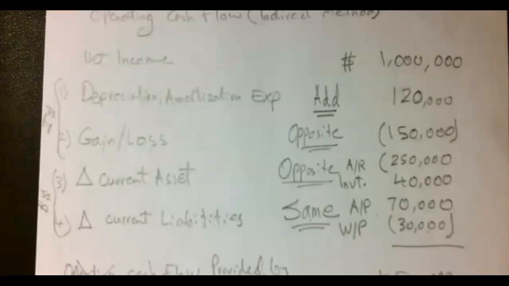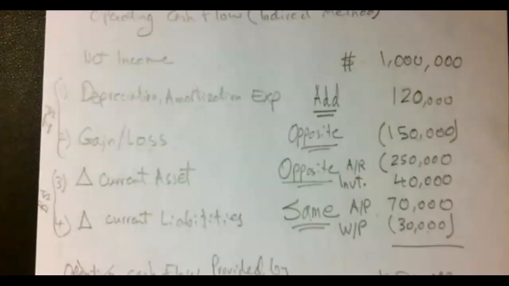So step one, depreciation or amortization, add it back. Step two, gain or loss from the income statement, do the opposite. Step three, go look at your current assets. Current assets relate to your daily business operation, like supplies, inventories, accounts receivable.